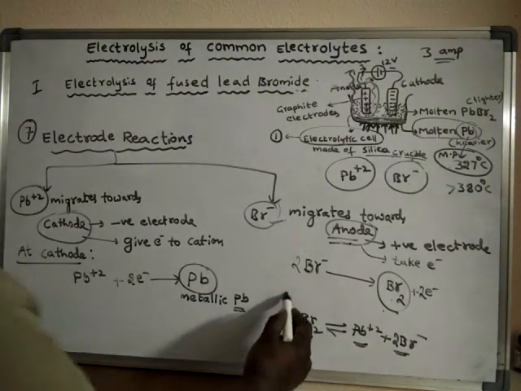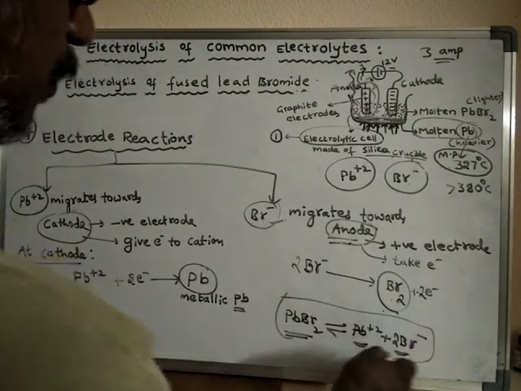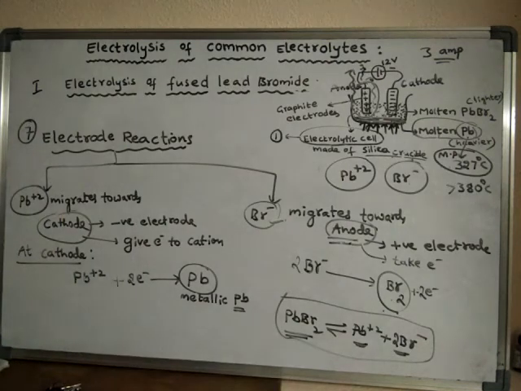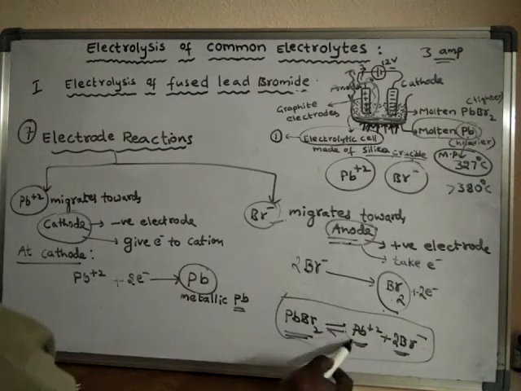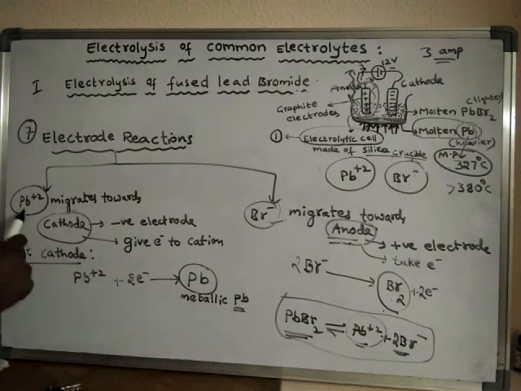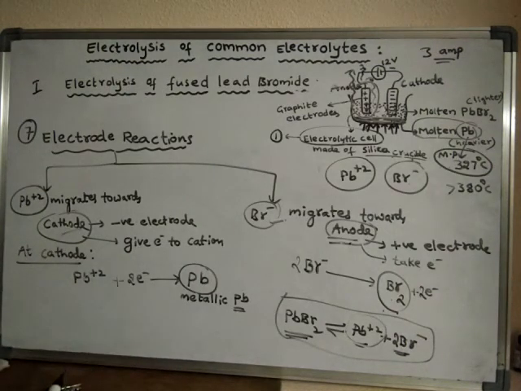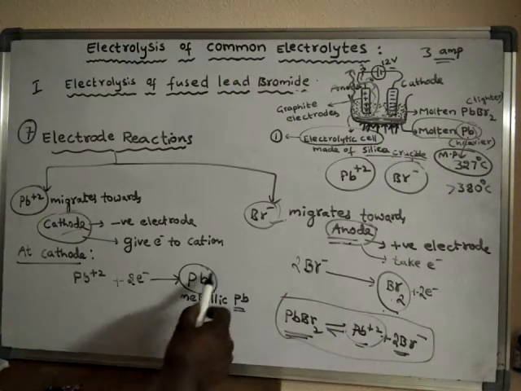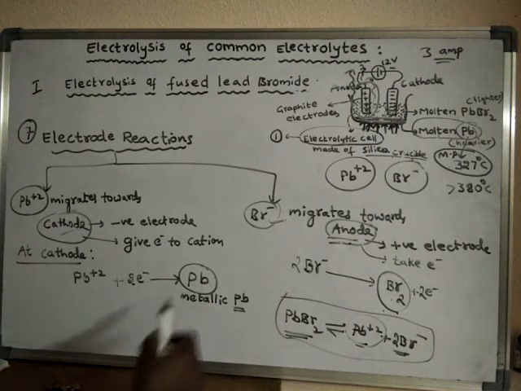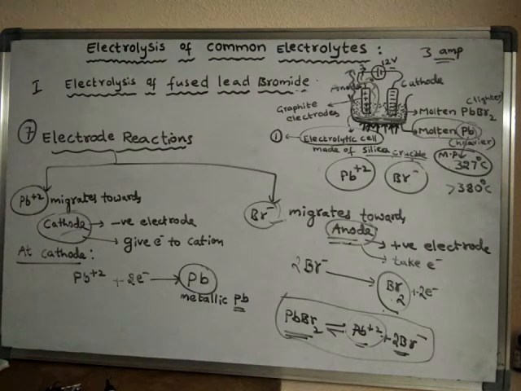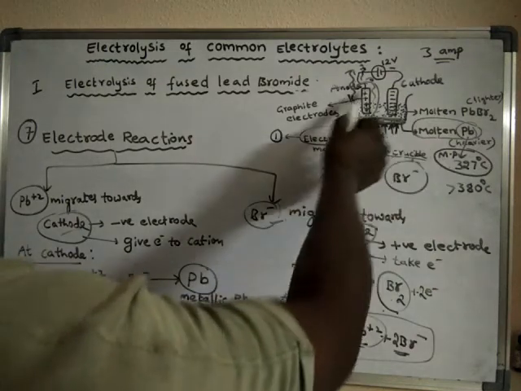So this is how the dissociation of the electrolyte takes place. And the lead ion will migrate towards the cathode, and at the cathode this reaction takes place. The lead which is obtained is in molten form because a very high temperature is maintained.